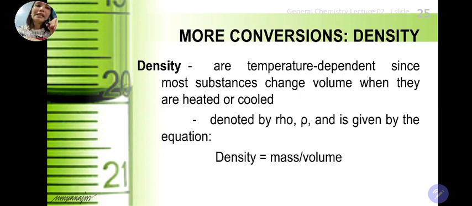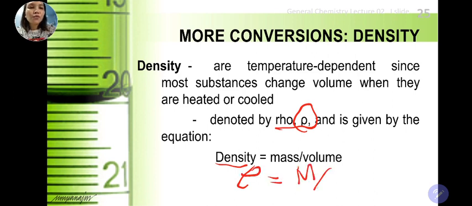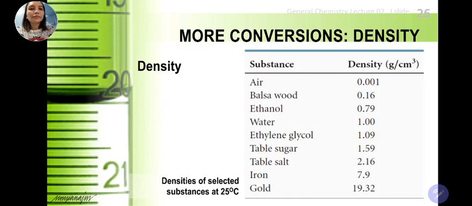So, yung formula ng density, it is denoted by the sign rho, and is given by this equation. So, you have density is equal to mass over volume. So, if you will write it, that is rho equals m over v. So, these are the densities of selected substances at 25 degrees Celsius. So, usually kapag nagbibigay ng density, it is always measured at 25 degrees Celsius.